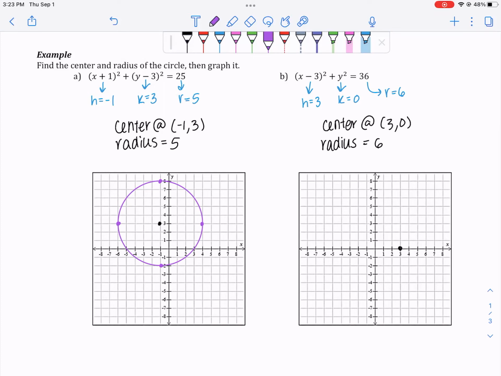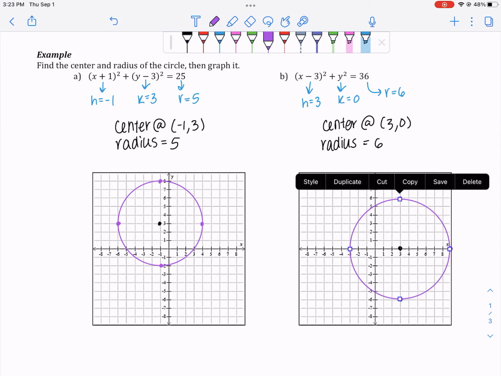And it's the same deal with graphing the circle. We do 6 units to the right, so that's our radius. 6 units up, 6 units down, and 6 units to the left. And there it is. There's my circle.